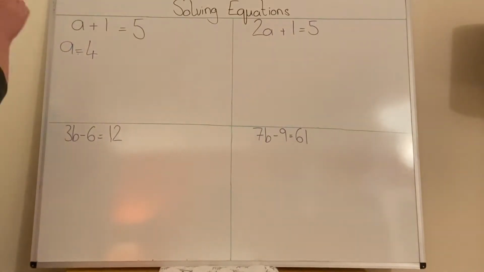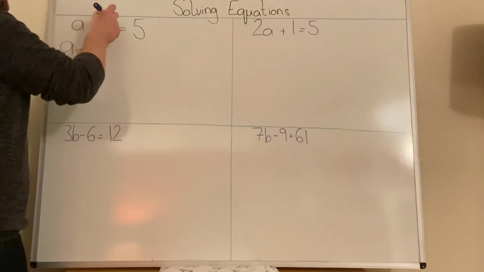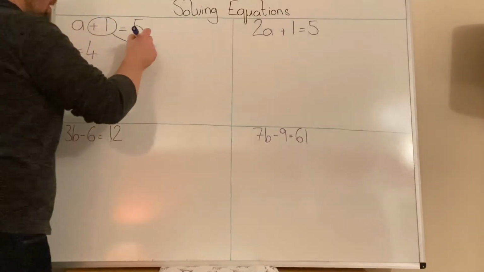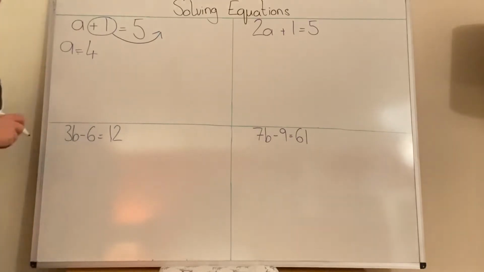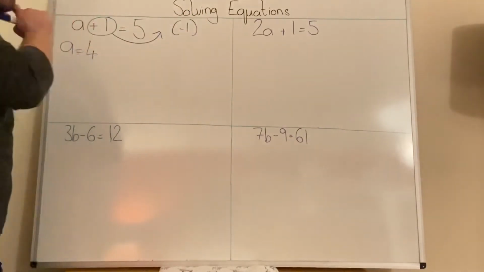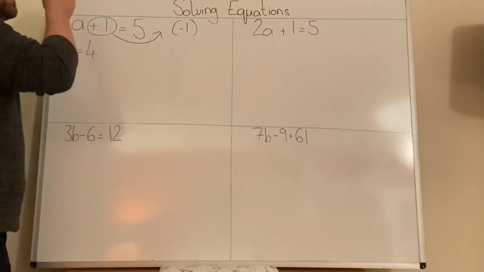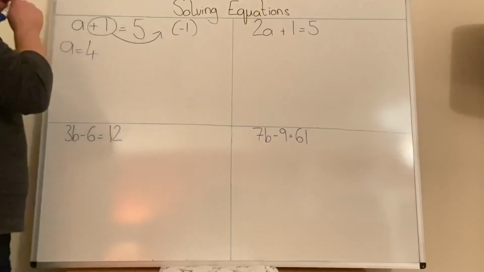Now what I'm going to do in this question, and this is going to be the key to every other bit, is take this plus 1 to the other side, so it's going to be minus 1. The rule is, whatever it's doing on one side, it does the opposite on the other side.